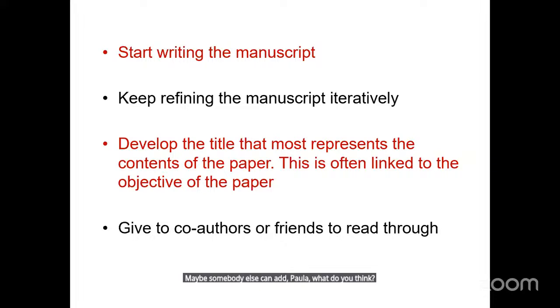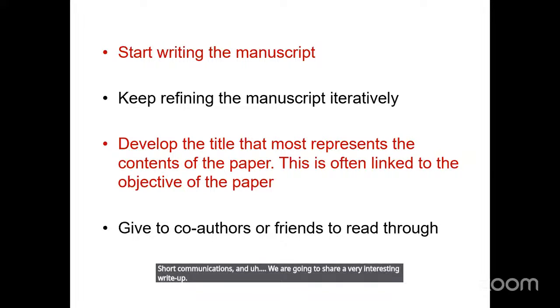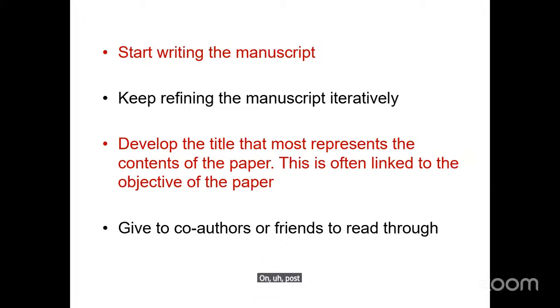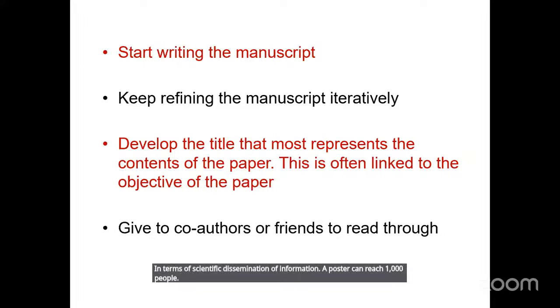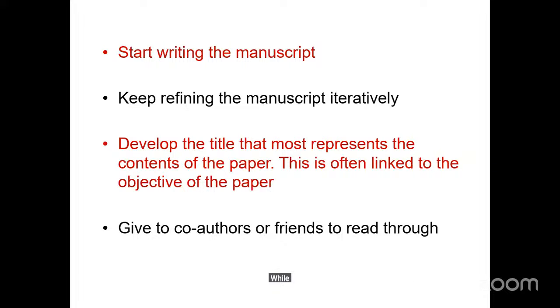On the issue of short communications, we are going to share a very interesting write-up on posters and how important these are in terms of scientific dissemination of information. A poster can reach 1,000 people, while a journal article may be reaching 300 people.